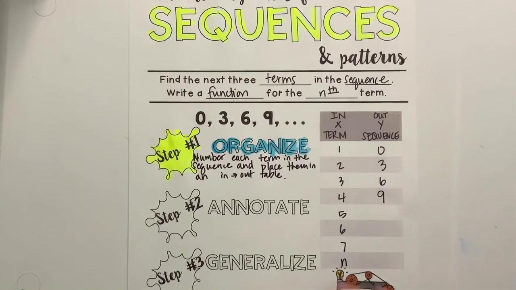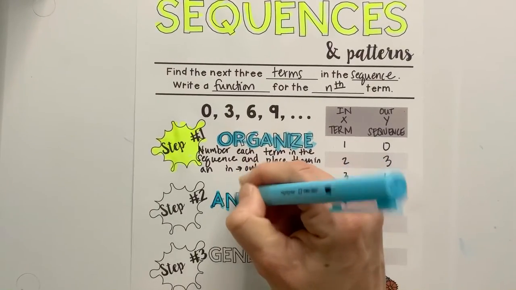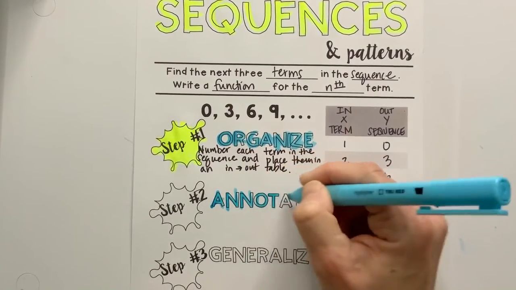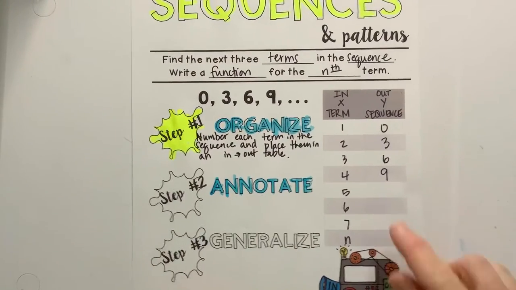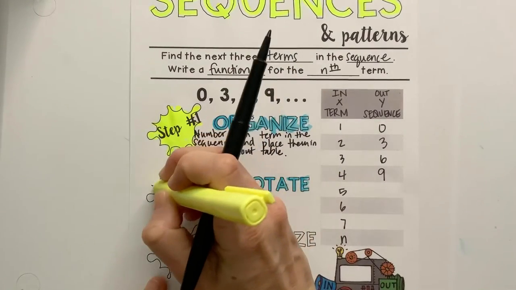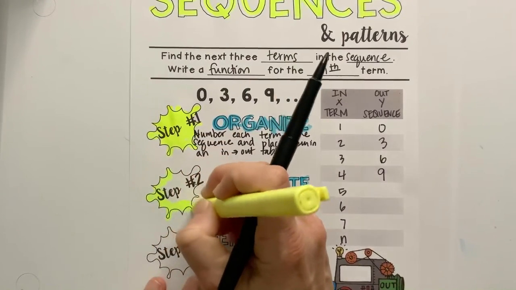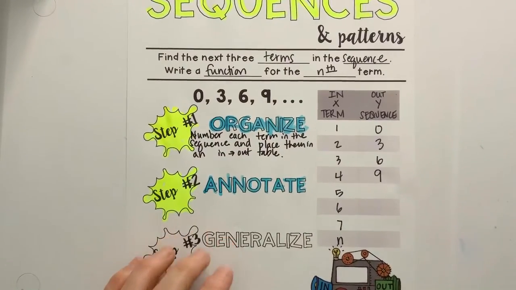And then I'm going to go through and I'm going to start annotating, which, yes, this is the same word that you use in your language and literature classes, where you are going to be writing on your table the things that you notice, any observations that you have, any patterns that you see that will help you determine the rule. So step 2, annotate.